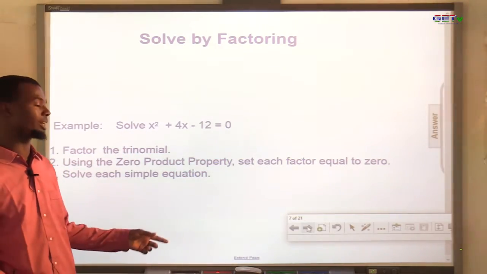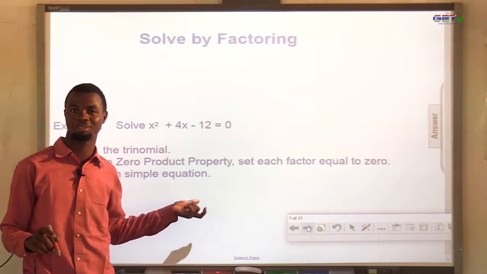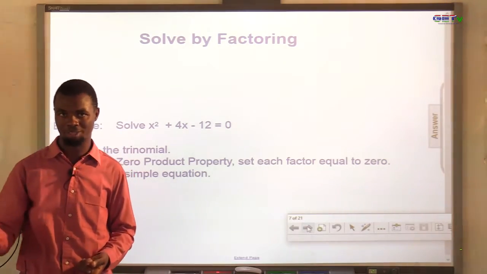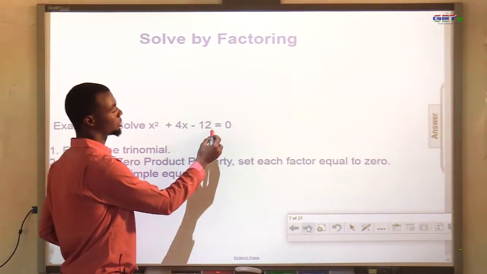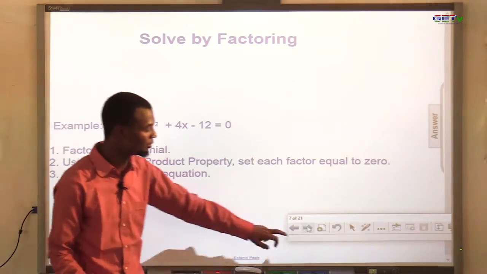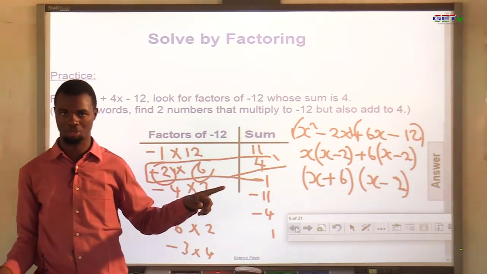Solve by factoring. The difference between this one, which is an equation, and the other one we were solving, which was an expression, is the equals sign. Previously there was no equals sign; it was just an expression.